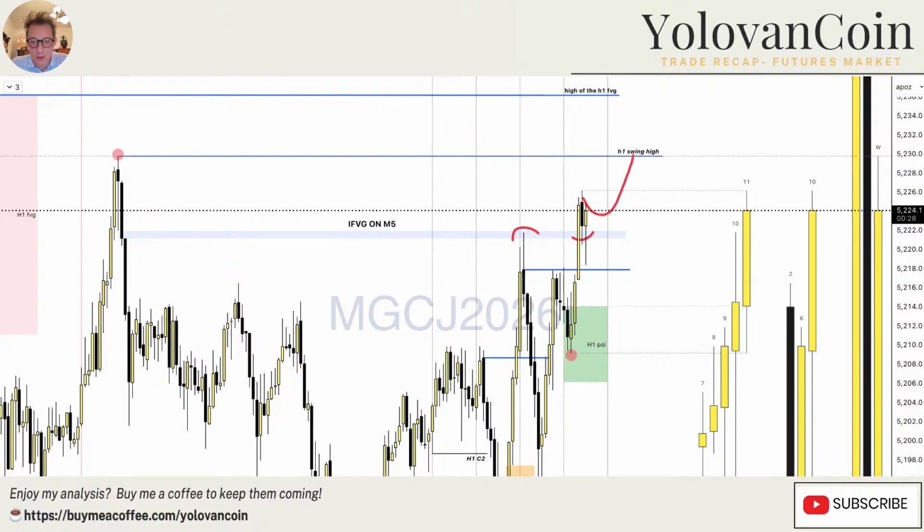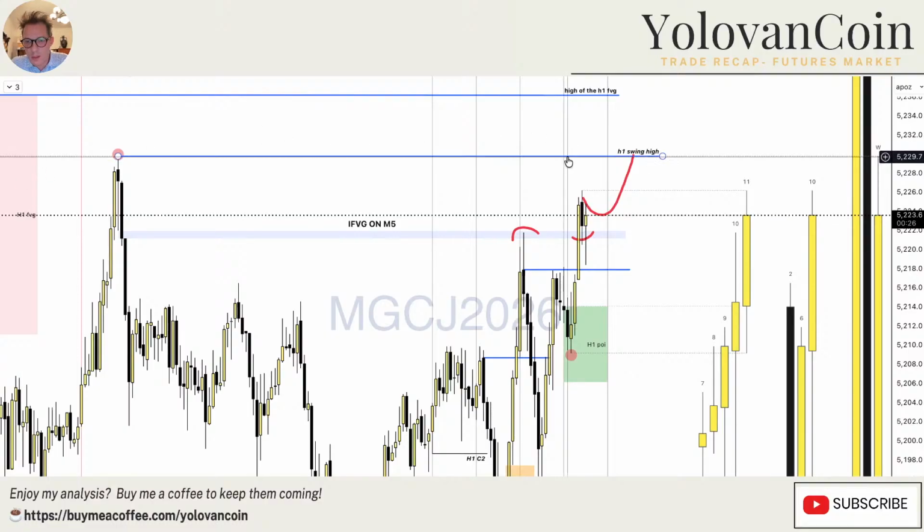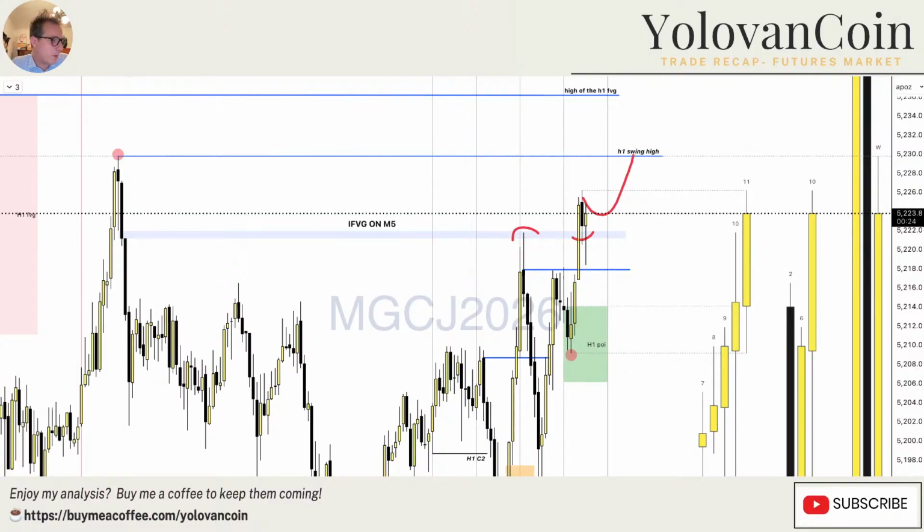Yeah, gold is flying. Probably it's gonna take out this 1 hour swing, 229-ish.